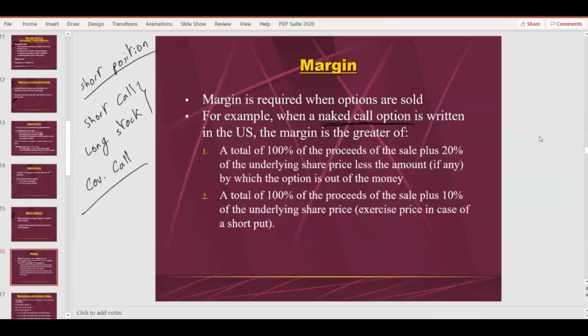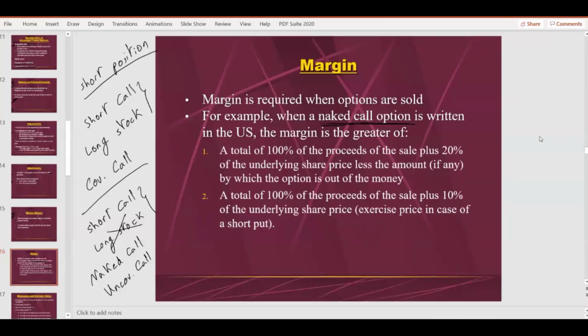However, if you have only a short call without having an offsetting long position in the stock in the same quantity covered by that option, this is called a naked call or an uncovered call.